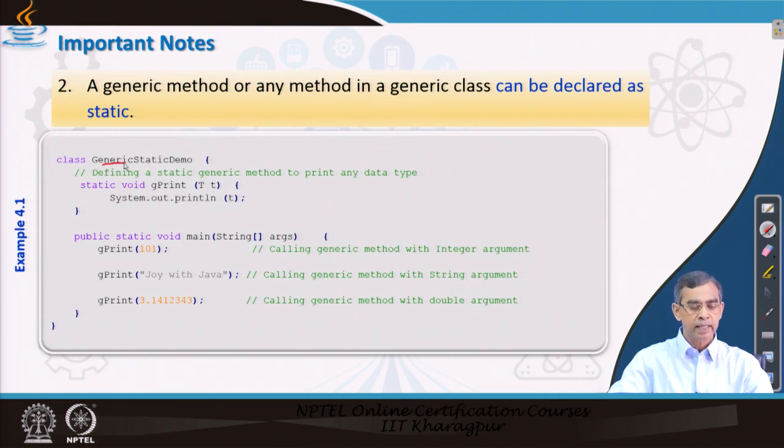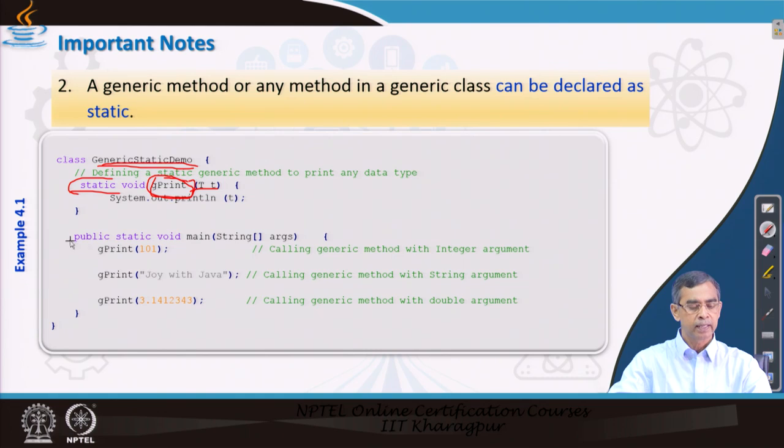As you see, this is the main class. We declare a gprint1 method, to which you can pass a value. Here we make the method simple, but this method is generic and it is static. This means that this gprint method can be called without creating any object of this type.